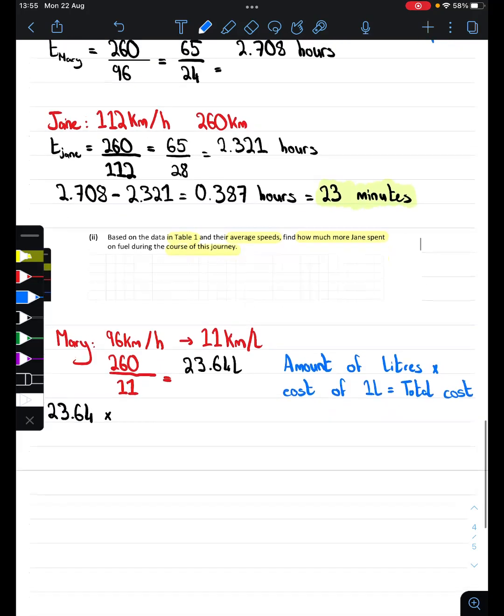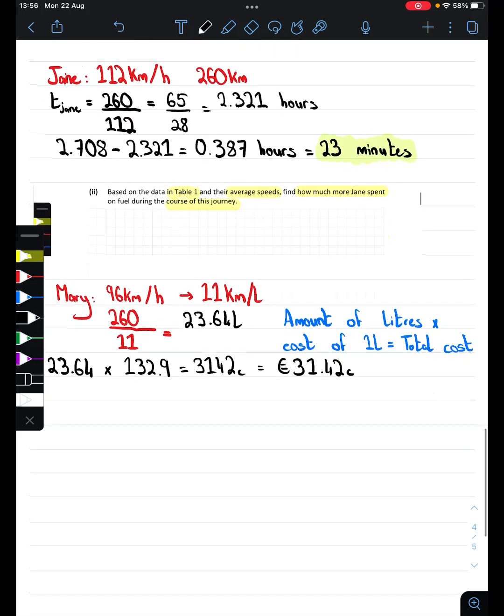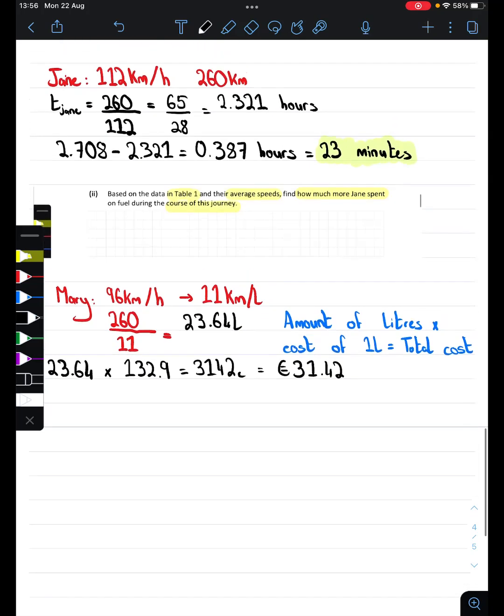That's the formula that we'll be using here. So the amount of liters, 23.64, times the cost of a liter, 132.9 cents, is equal to 3,141.756. So let's just say 3,142 cents, or 31 euro and 42 cents. Okay, so that's what Mary spent.